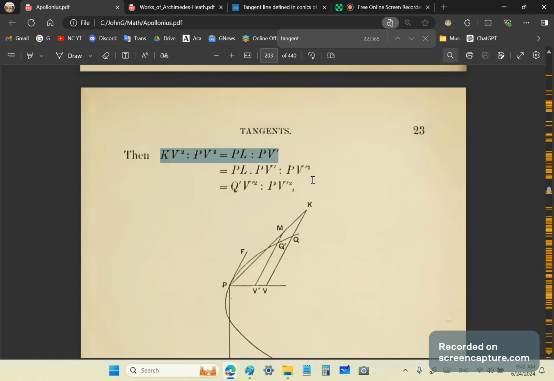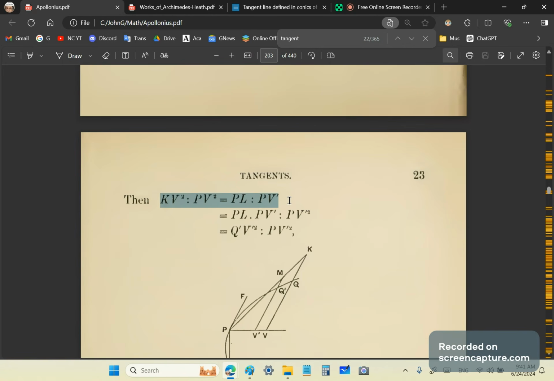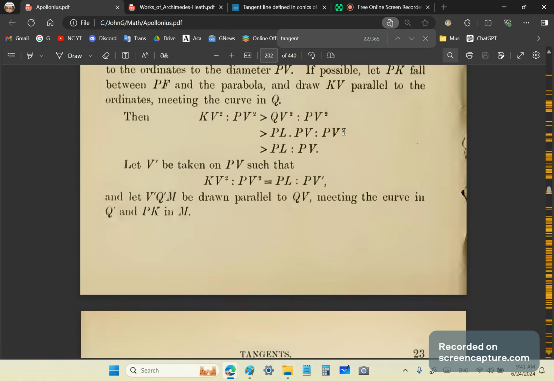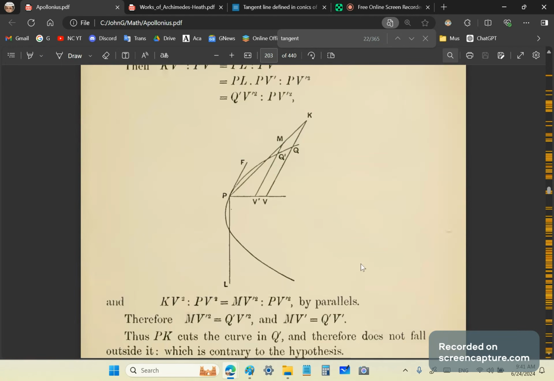Then he does a little jump where he says the measure of PL times PV will therefore also be less than the measure of this ratio. How is that possible? Well, if you extend this diagram, let's go back to Paint.